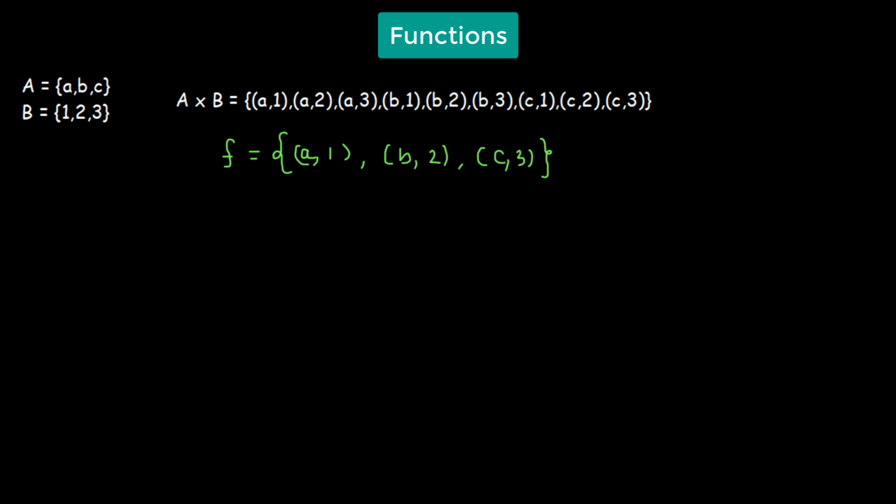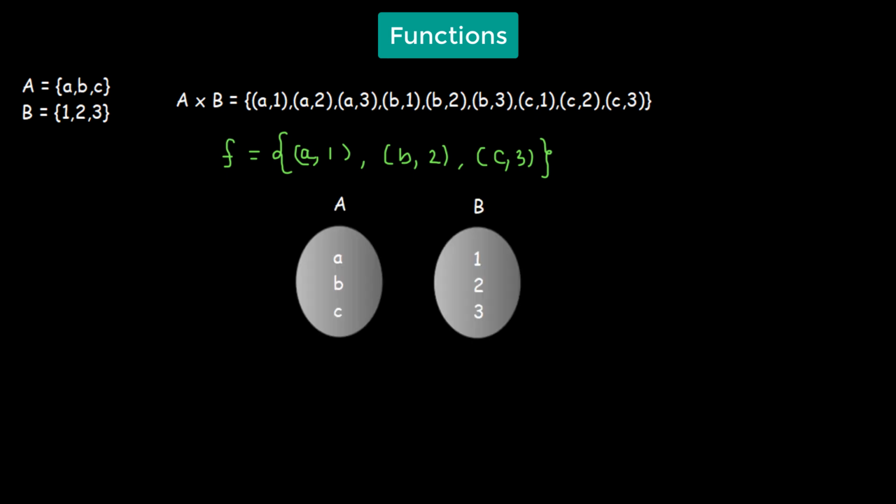We can also represent this relation F using the graphical method. We draw two Venn diagrams, containing set A and set B, and use an arrow diagram to map the values from set A to set B. So we have the relation F going from A to B. We consider the first element, a, and map it to the element 1 in set B using an arrow.